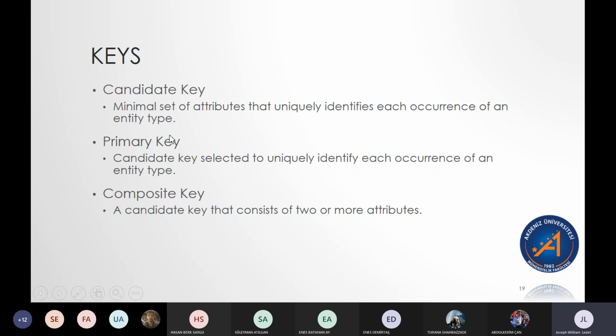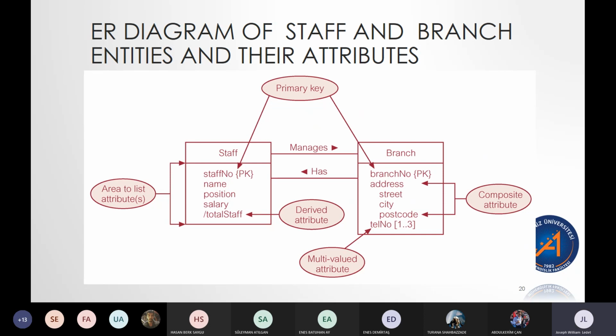And then simply a primary key is the candidate key that was selected. So a table or entity may have more than one candidate key possible, and if it does, we choose one of them to be the primary key. Okay. So that should be the distinction there. All right.